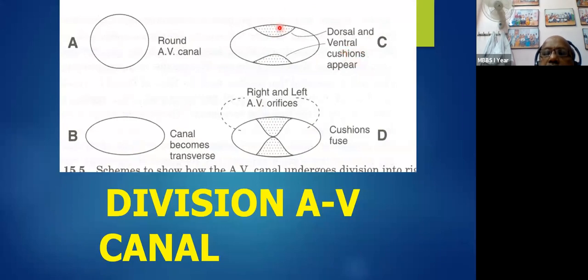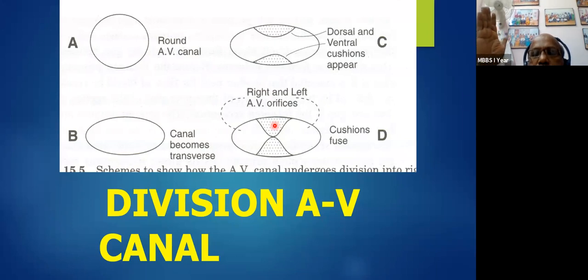The dorsal and ventral AV cushion, or septum intermedium, are all the same. You are going to learn about two other septa also. That's why all these septa are important. The name is important. What is septum spurium? What is septum intermedium? Septum intermedium is nothing but the AV cushion.